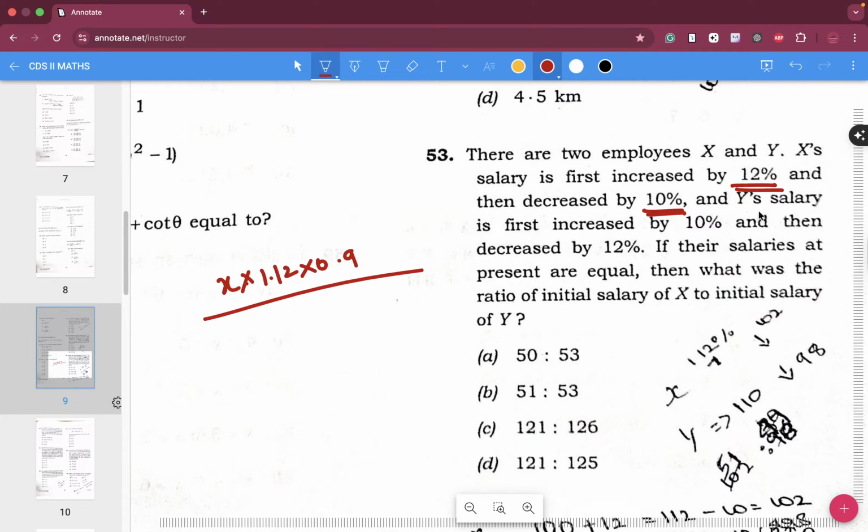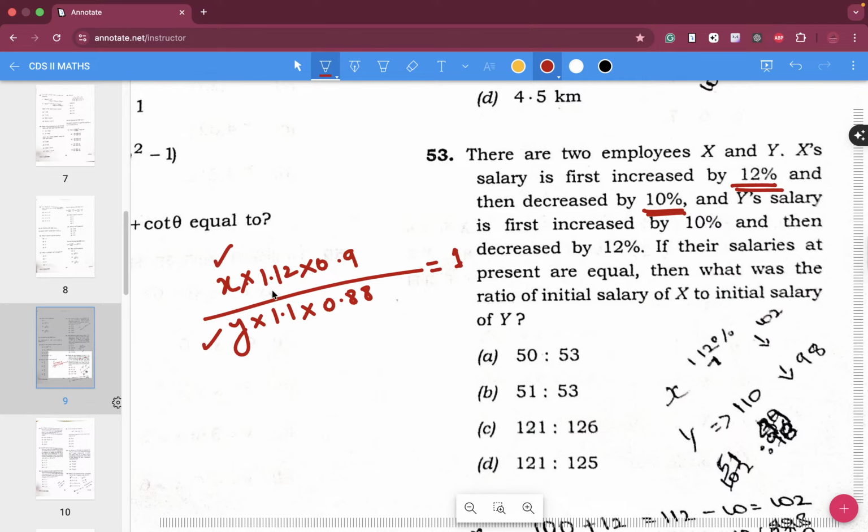And then it is saying that Y's salary first increases by 10%, so it is 1.1, and then it decreases by 12%, which means 0.88, right? If their salaries at present are equal, then what was the ratio of the initial salary of X to the initial salary of Y?